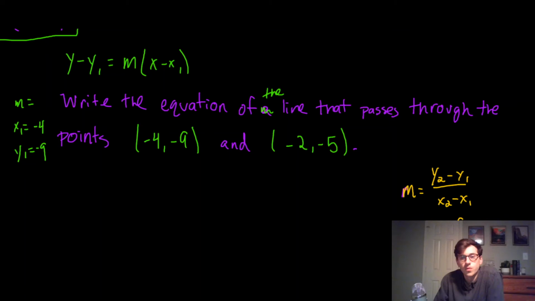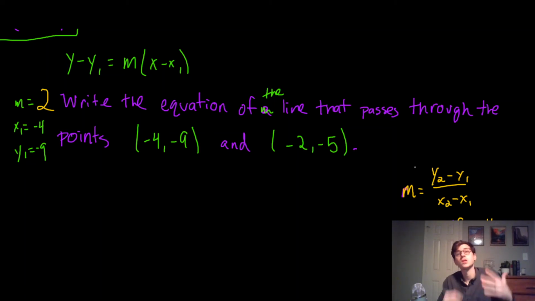So we have -5 minus -9. So remember, when you subtract a negative, that's like adding a positive. -5 plus 9 is 4. -2 plus 4 is 2. 4 divided by 2 is 2. So my slope then is 2.